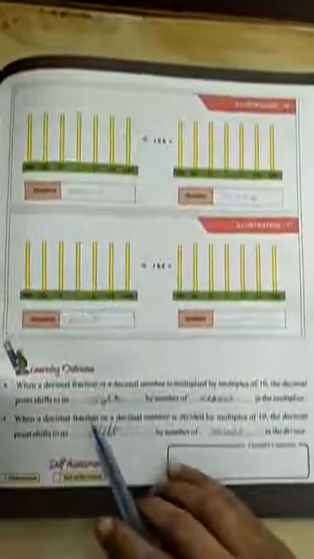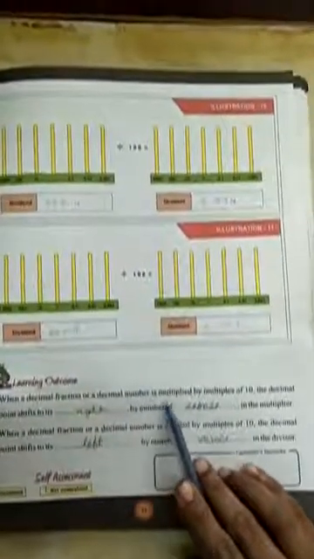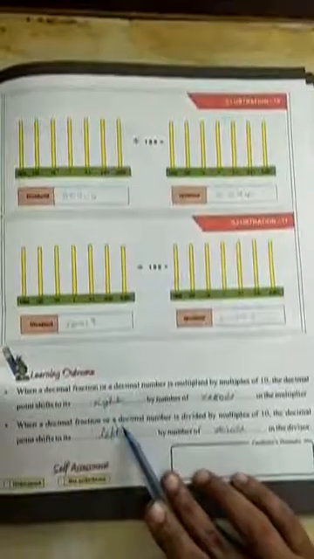So finally what we find as the result: when a decimal fraction or a decimal number is multiplied by multiples of 10, the decimal point shifts to its right by the number of zeros in the multiplier. When a decimal fraction or a decimal number is divided by multiples of 10, the decimal point shifts to its left by the number of zeros in the divisor.